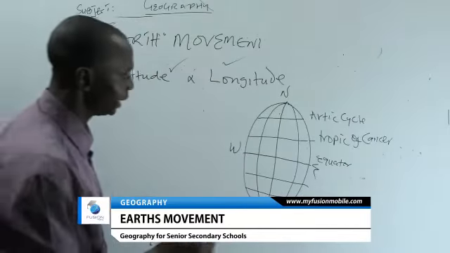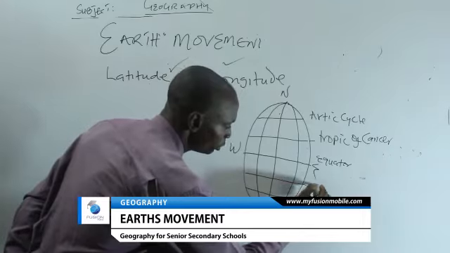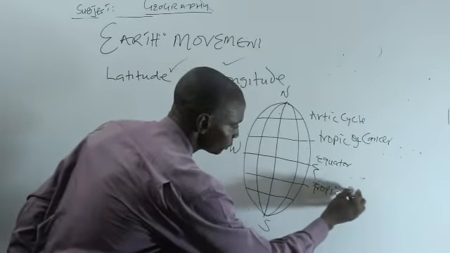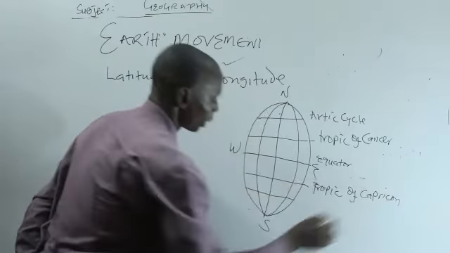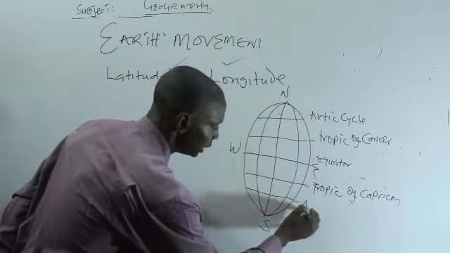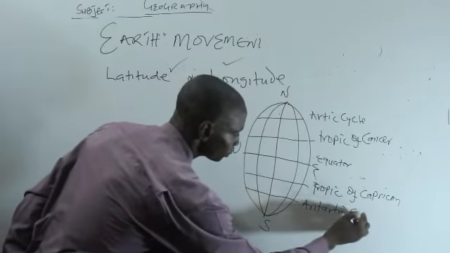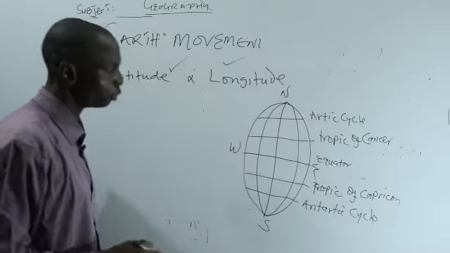Then this is what we call the equator. Here we call the Tropic of Capricorn. Now here is called the Antarctic Circle. Then this is the south pole.